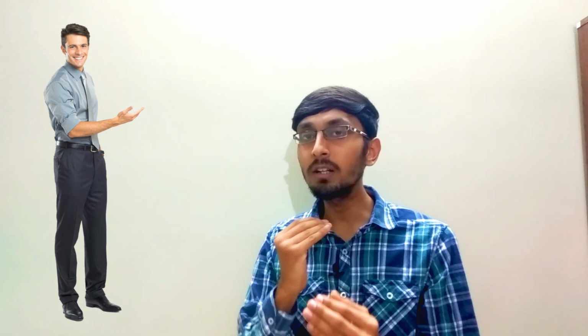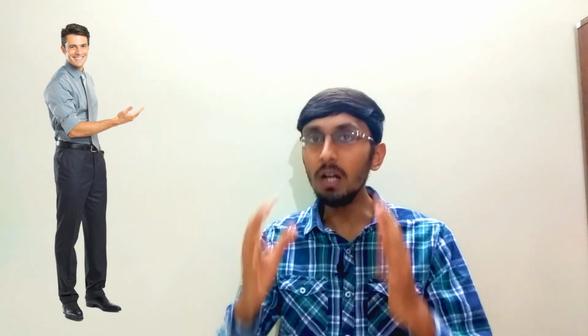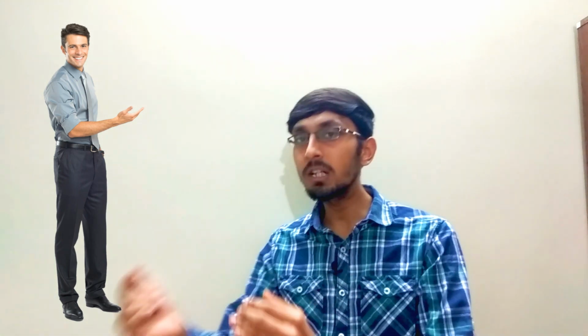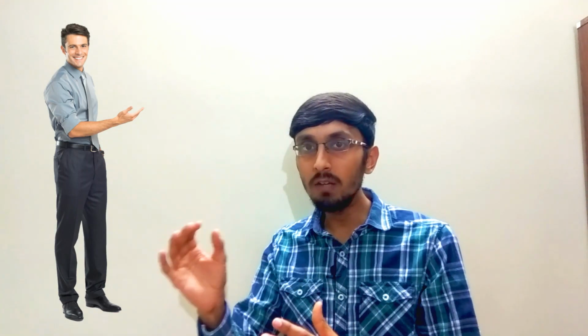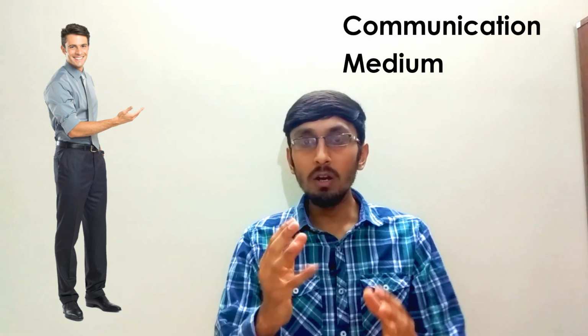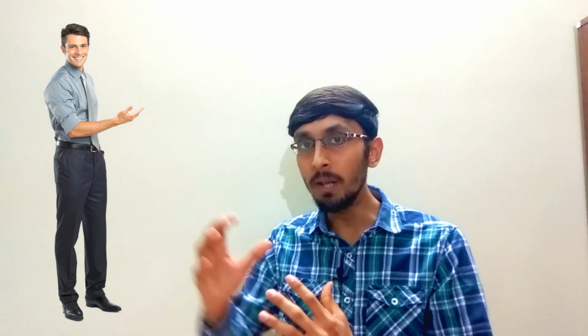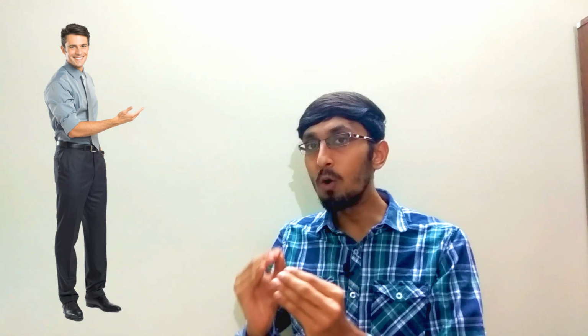Those vocal cords create that voice and it comes out through my mouth. That voice will be reaching the other person's ears. So this voice will be in the form of signals that travel through the air. So air is the communication medium for whatever I am speaking now. The air acts as a communication medium, and that voice will be going and touching the other person's ear.